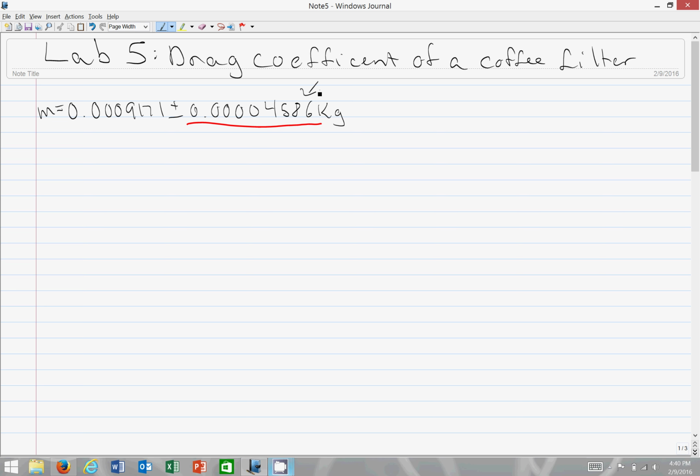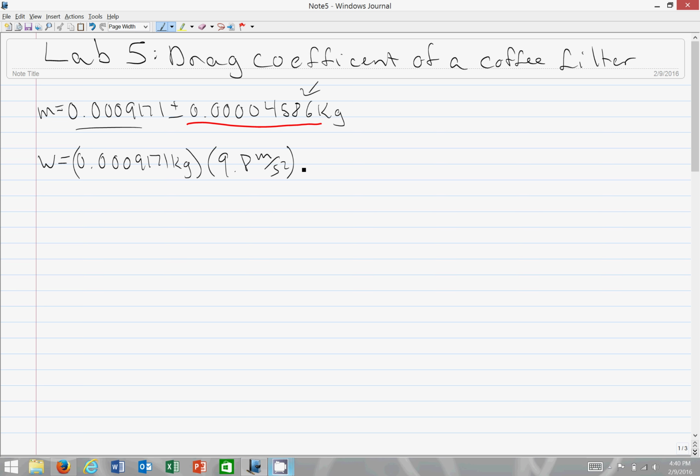Since g is a constant, we're going to assume that it has no error associated with it. So I know that my weight of one coffee filter is going to be 0.009171 kilograms times my gravity, which we know by this point in the semester is 9.8 meters per second squared.